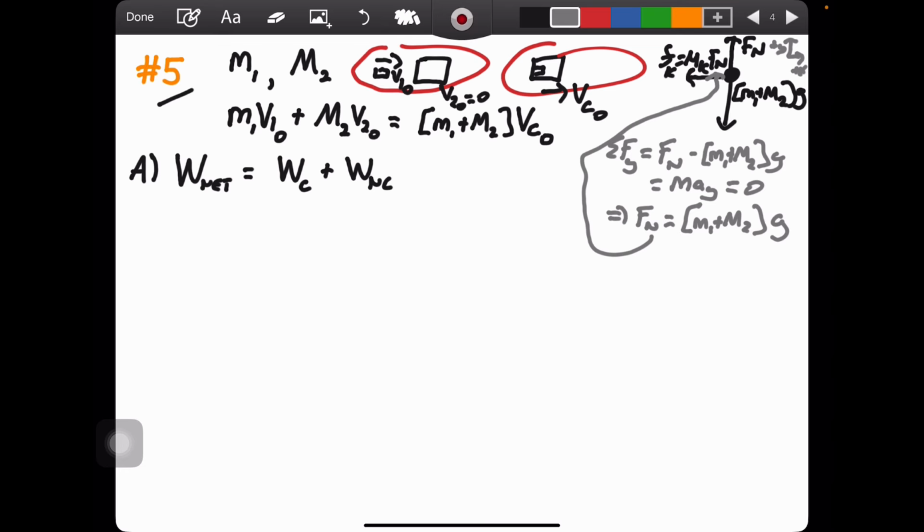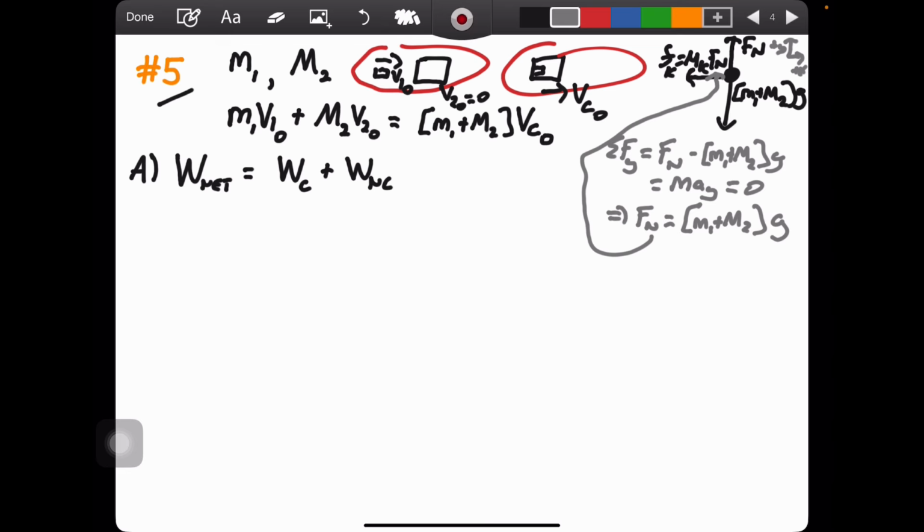Now, there is gravity in this problem, but see in the free body diagram how gravity is acting straight down and the displacement is horizontal. So if you have a force that's perpendicular to the direction of displacement, then the cosine term in the work equation is going to vanish. For instance, the cosine of 90 is 0, okay?